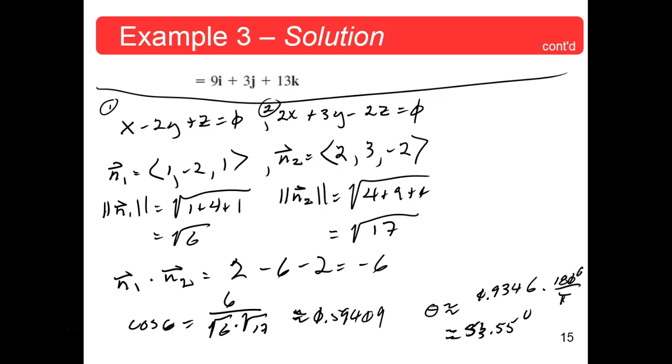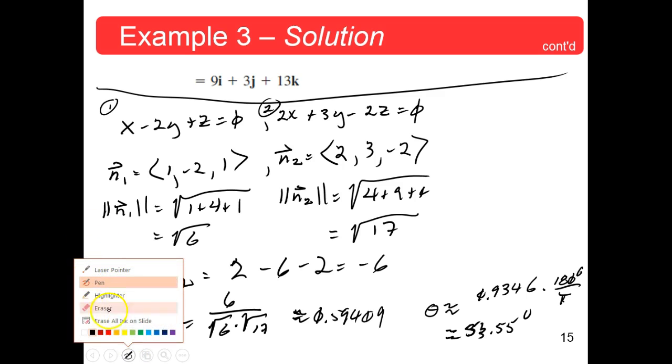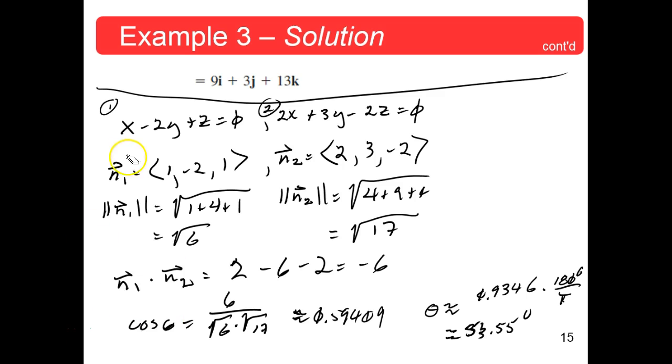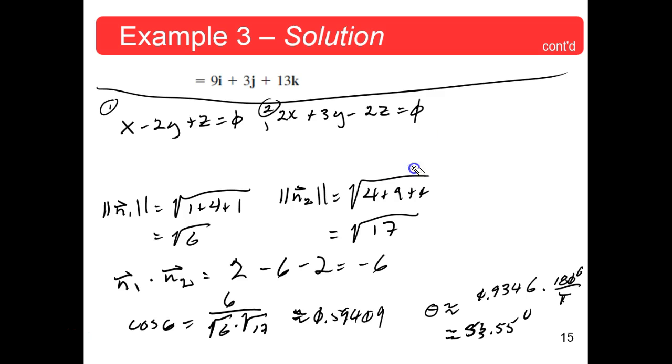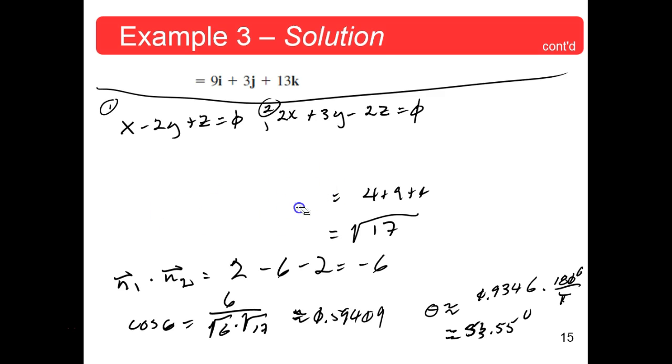Is it all right for me to erase? I don't think I need this information anymore. You've got it though, right? 53.55 degrees? Okay, so I don't think I need the normal vectors anymore, but if so, they're easy to get. We can get the magnitudes very easily too.